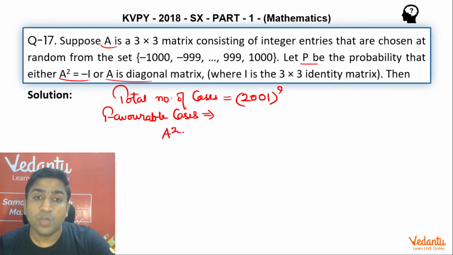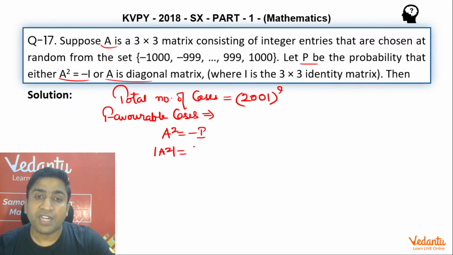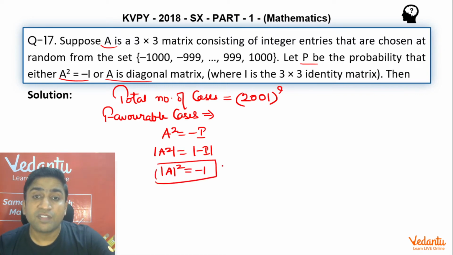Either A square is equal to minus I, that is one possibility, but A square equal to minus I is not possible. The reason is that if I take the determinant on both sides, you can easily see the determinant of A square is coming out to be minus 1, which is never possible. So from this case I cannot have any favorable cases.